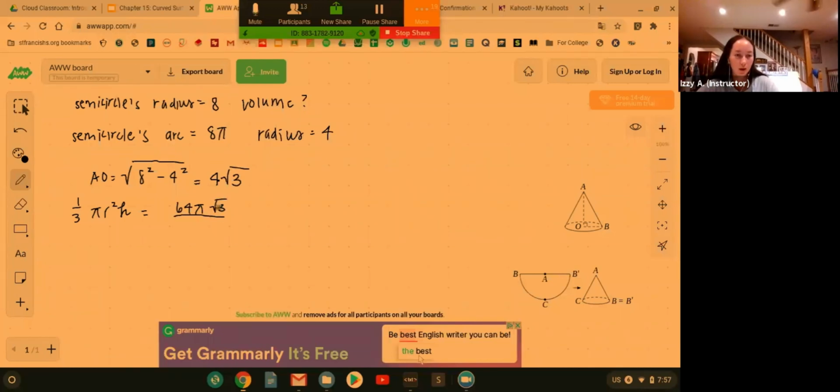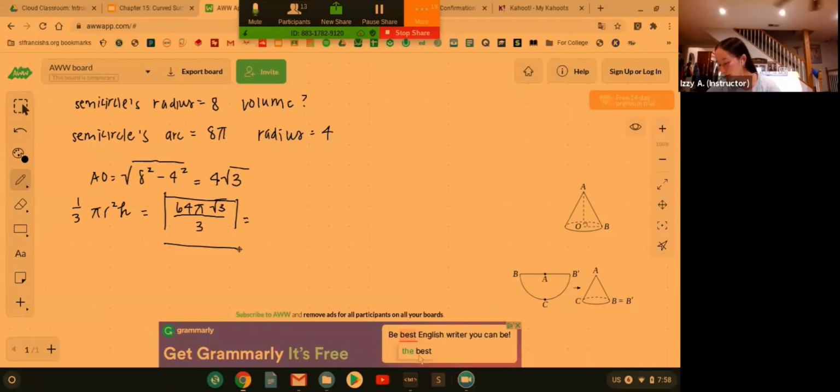Note that I already combined the values, so we just have the square root of 3 out here, and we already have 64 pi in the front, and this is going to be over 3. And let's see, can we simplify? No, looks like that's actually a simplified form of the volume. So that will be your answer. That is what the volume of this cone is.